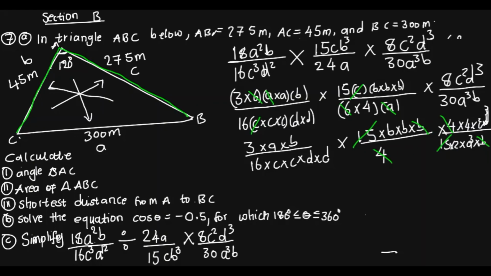What else? Okay, so let's see. We have 3 times a times b over 16, which is the same as 4 times 4 times c times d times d.